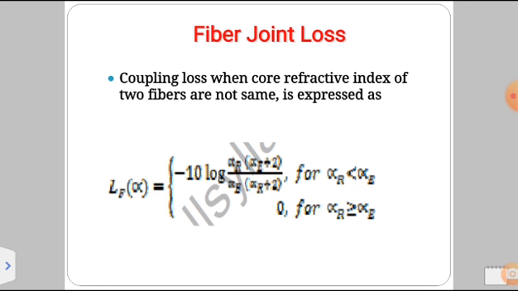The coupling loss is mentioned mathematically as minus 10 log of (alpha e plus 2) divided by (alpha r plus 2). There is a formula which is given. Scientists have given this formula. It has been proven, for alpha r less than alpha e. Otherwise, this whole loss will be 0 if alpha r is greater than or equal to alpha e. That is mentioned here.